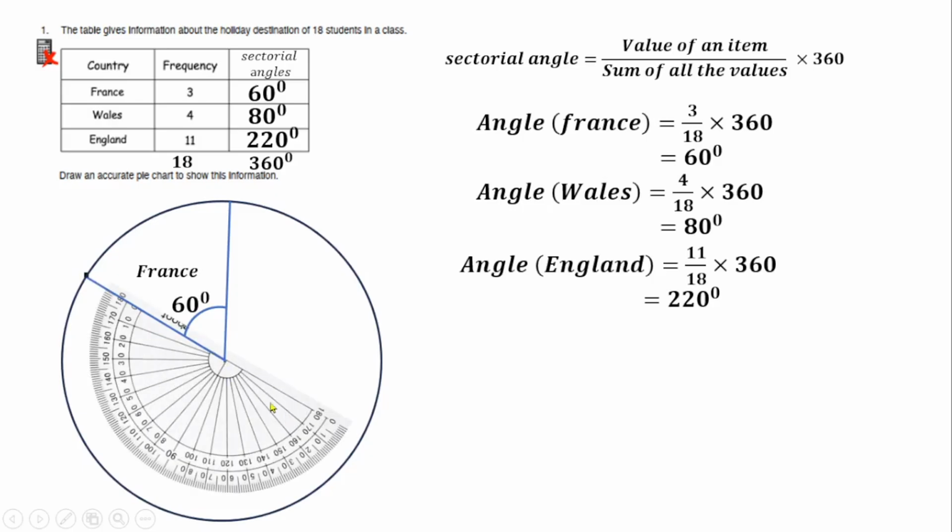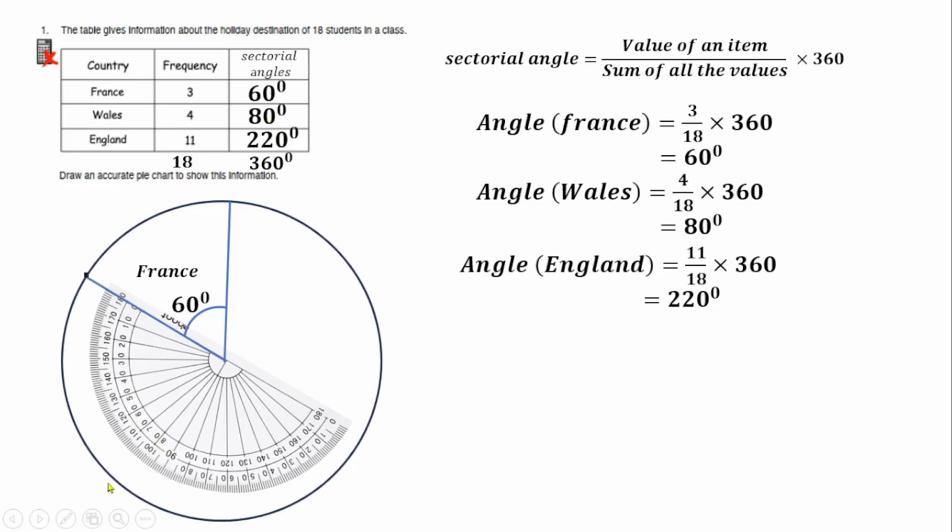Make sure that the black line on the protractor is on that radius, so that it will be on the origin 0. Then you can start reading your angle, which is 80. This is 0, 10, 20, 30, 40 to 80. So this is 80 here.